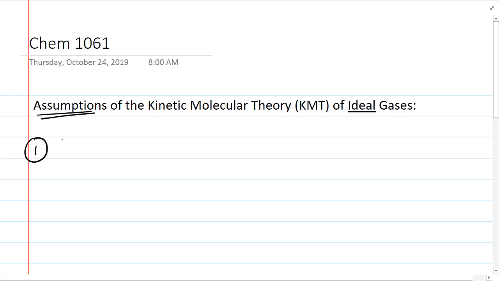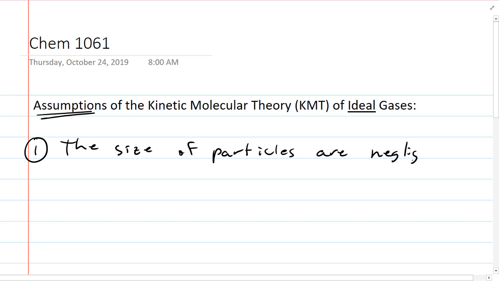And one of the assumptions we've made at this point is that the size of the particles are negligible. We made the assumption we can ignore the size of the particles.